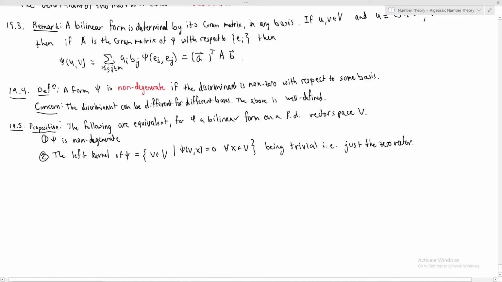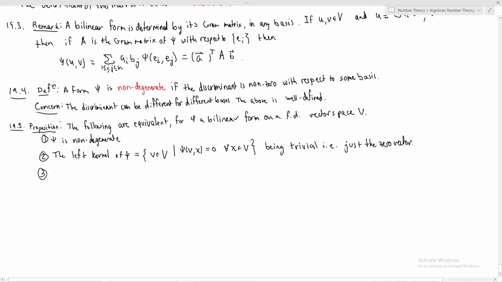So if my form is non-degenerate, then by sticking vectors in the left, this form can always tell the difference between it and 0 by testing it on some vector in the right.